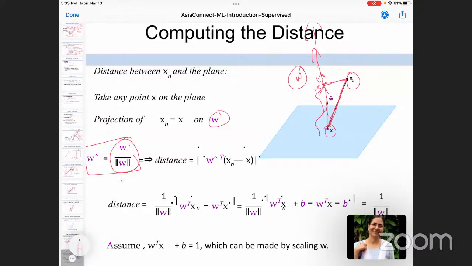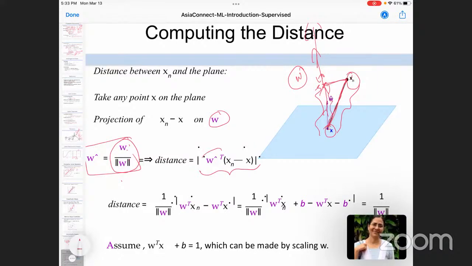Now I think there is some problem in the presentation. Some equations are broken. Okay, I'll try to make it clear. So what is the distance? This is a line, and if we project this onto the unit vector of W, then this is called the distance.